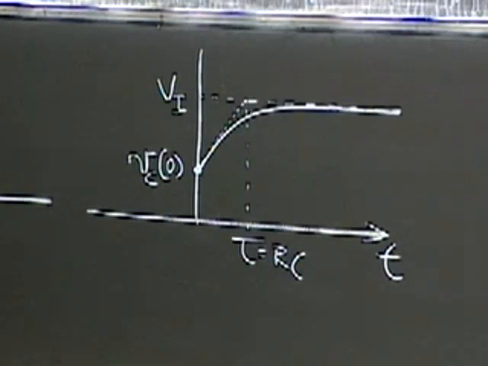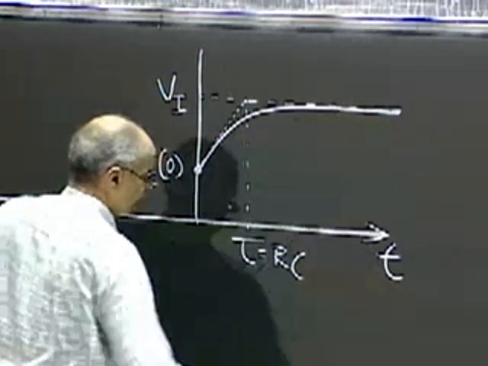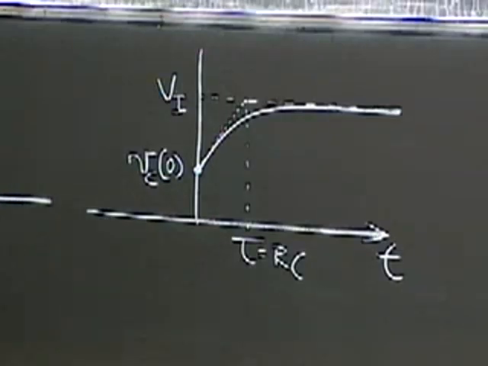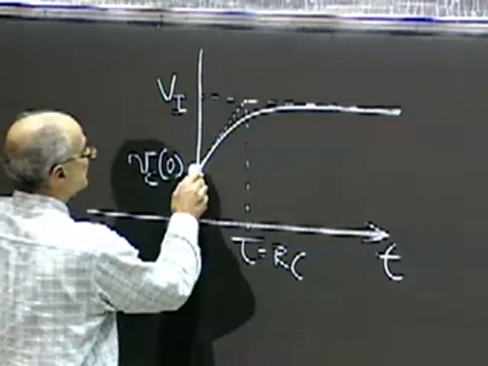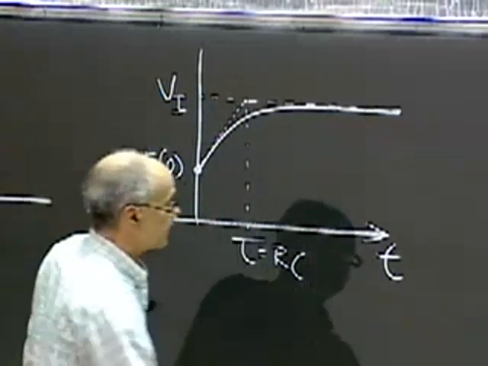So the capacitor starts with some voltage here and goes to a new voltage that is imposed by the input for time greater than 0. So we can define at any one time, say this time, this time, this time, this time, the state of the capacitor.